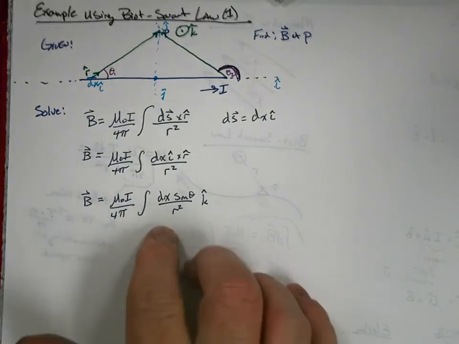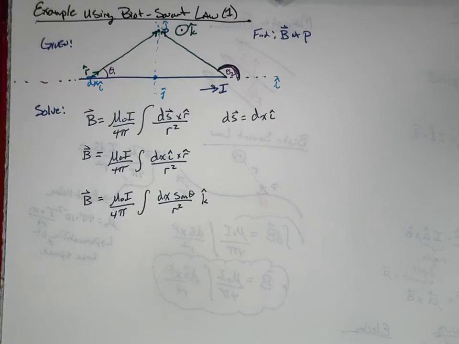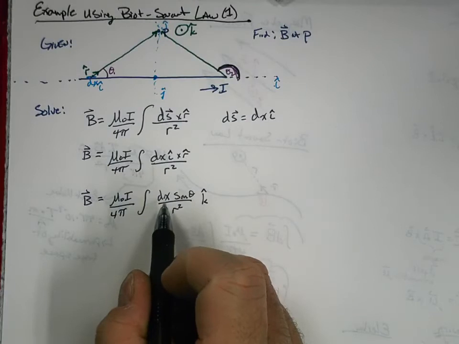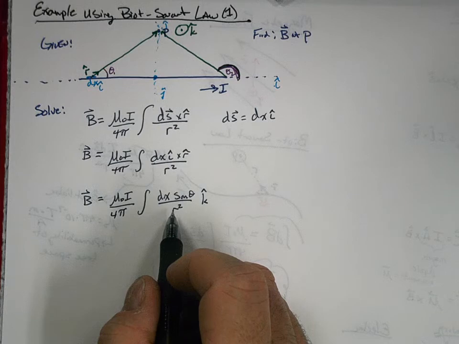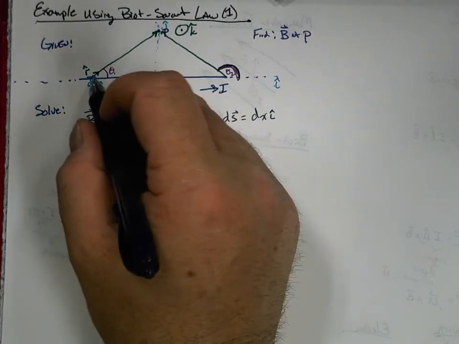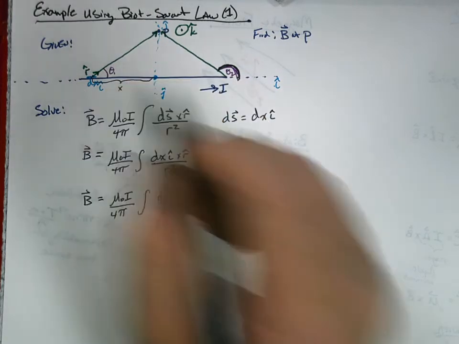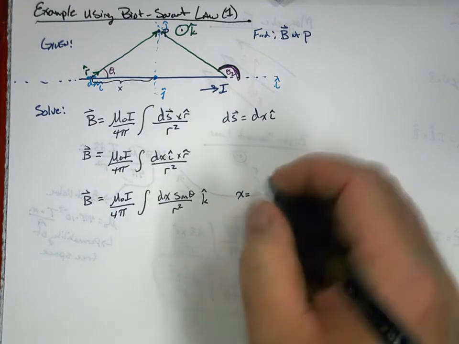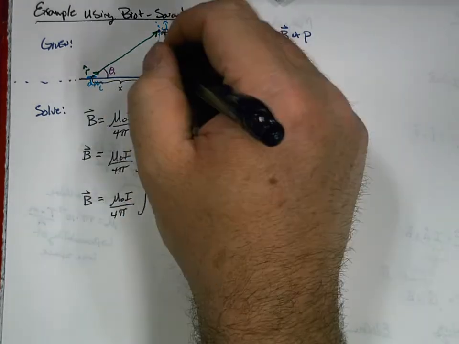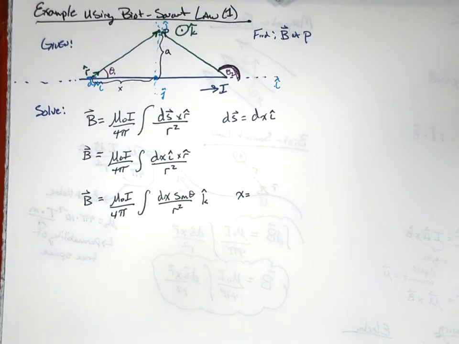Now, from here, we have to get everything in terms of theta. And so how are we going to do that? Well, we need to get both this dx and this r into terms of theta. This is going to be our x distance right here, if that's our origin. Oh, I'm sorry, I didn't define this. This is the distance a away from the wire.